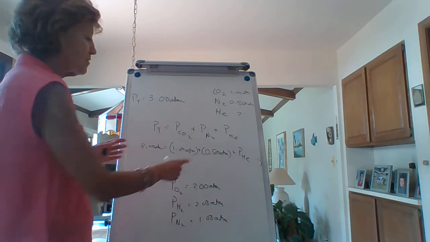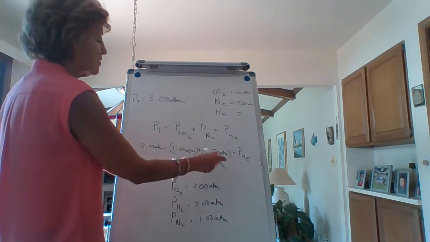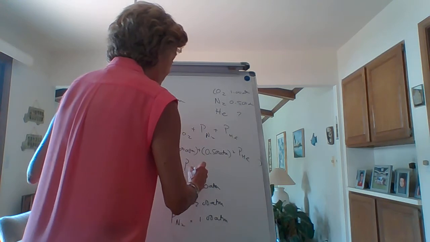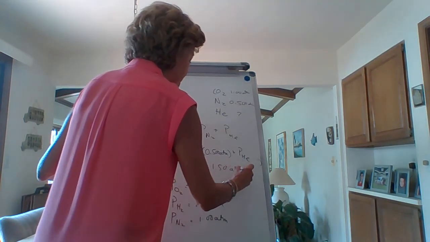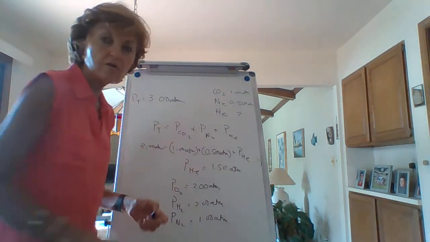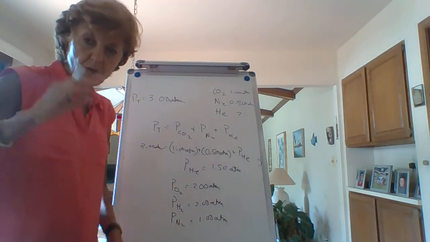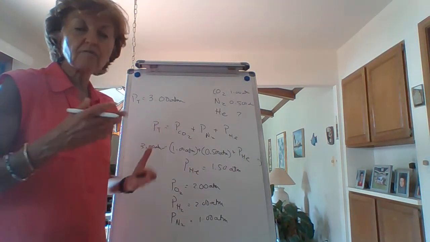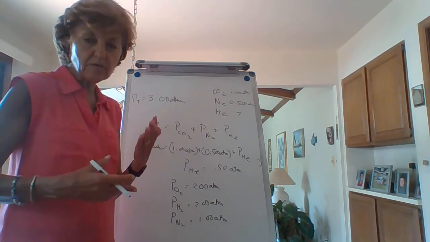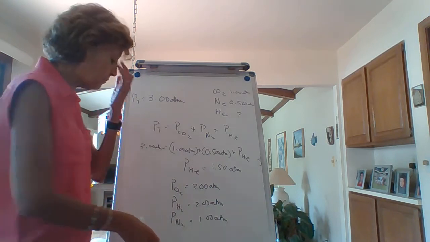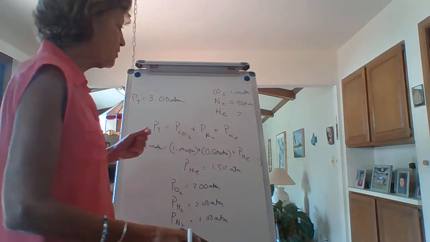And it is really easy. This minus this minus this. Pressure of helium is 1.50 atmospheres. Okay, that's Dalton's law of partial pressure. But I wanted to add in that concept of equimolar means equal pressure. So if they have the same number of moles, they're going to have the same pressure, the individual gases.